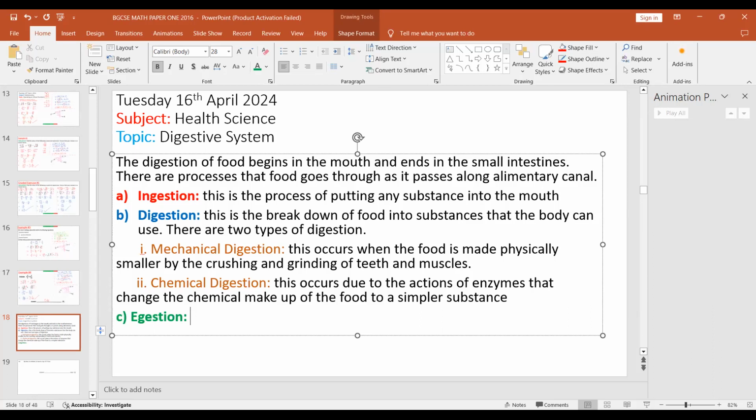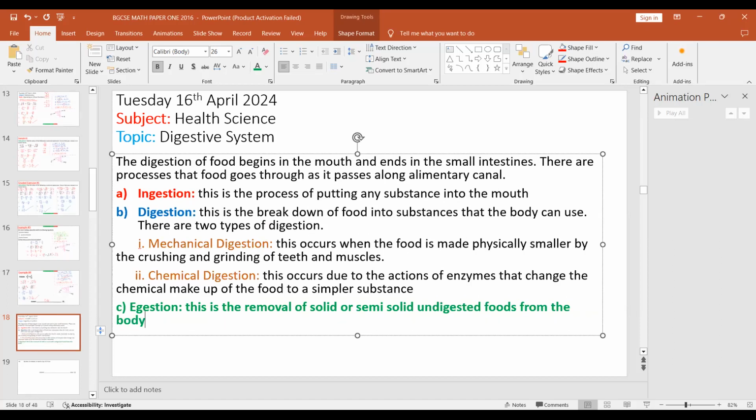So egestion is the removal of solid or semi-solid, undigested foods from the body. This can also be termed as defecation or feciation.